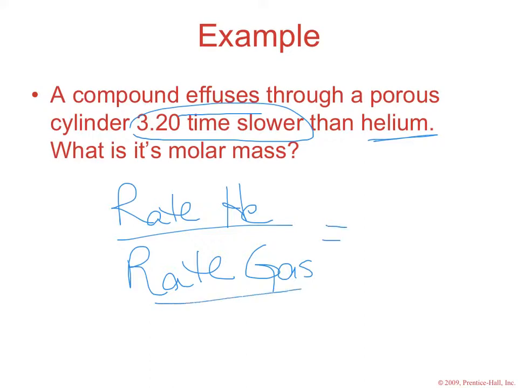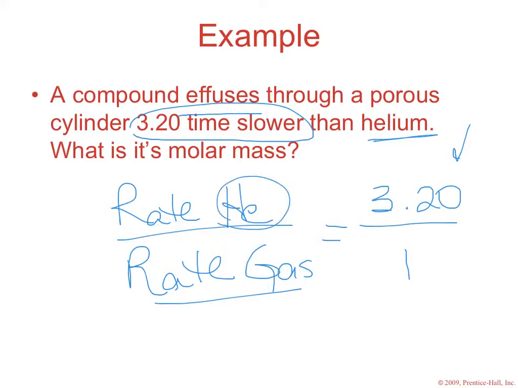And the unknown gas is slower, which means that helium is 3.2 times faster. Okay, I like to work with numbers larger than 1 instead of less than 1, so I put the faster one on top.